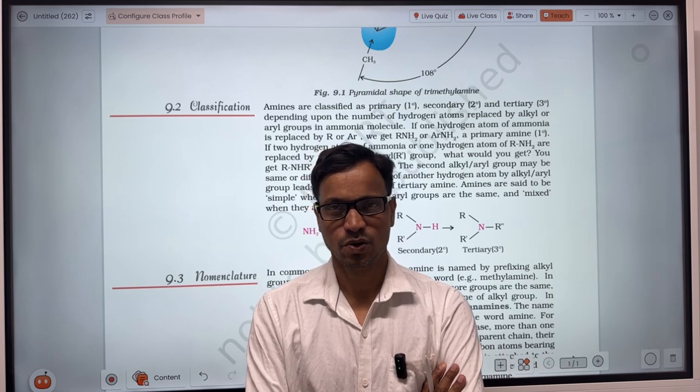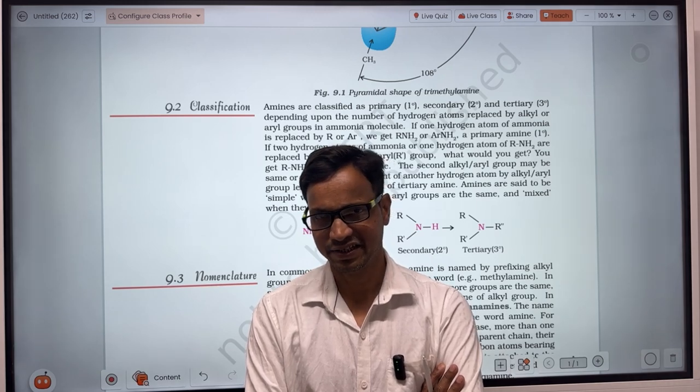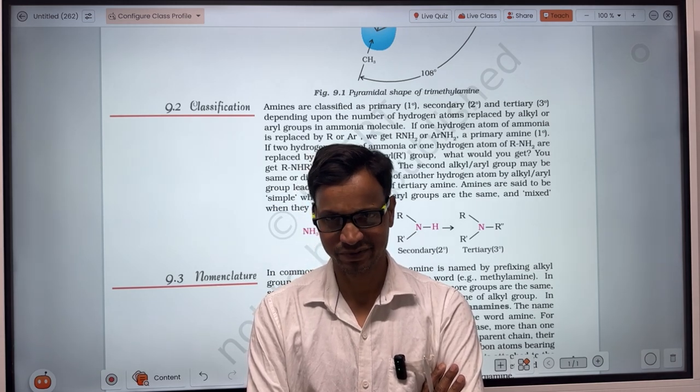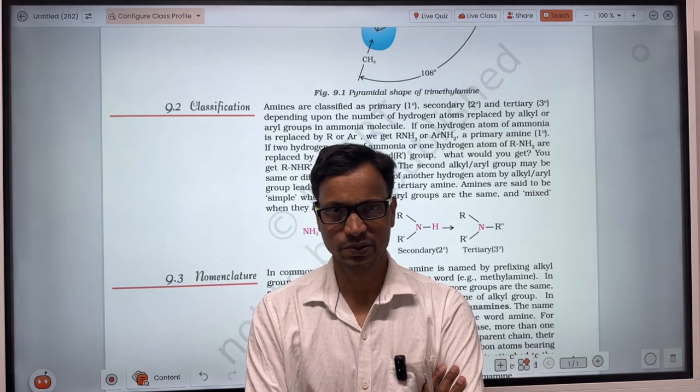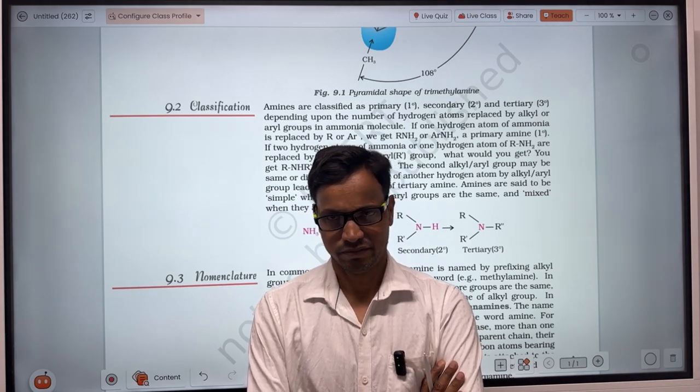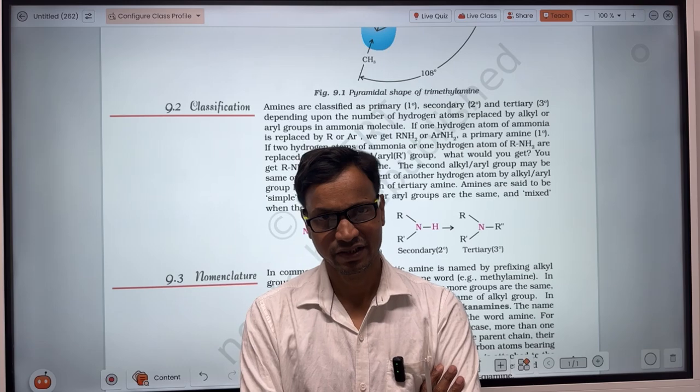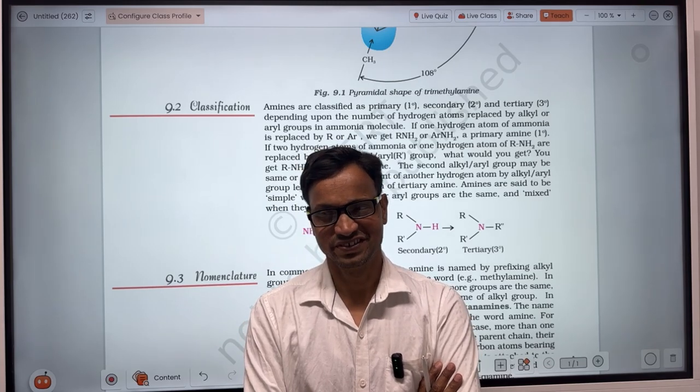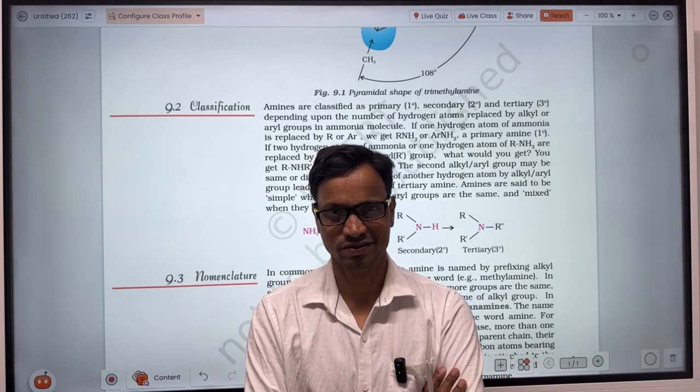Here it is 1 degree, 2 degree and 3 degree amines, and there is a difference compared to haloalkanes or alcohols.